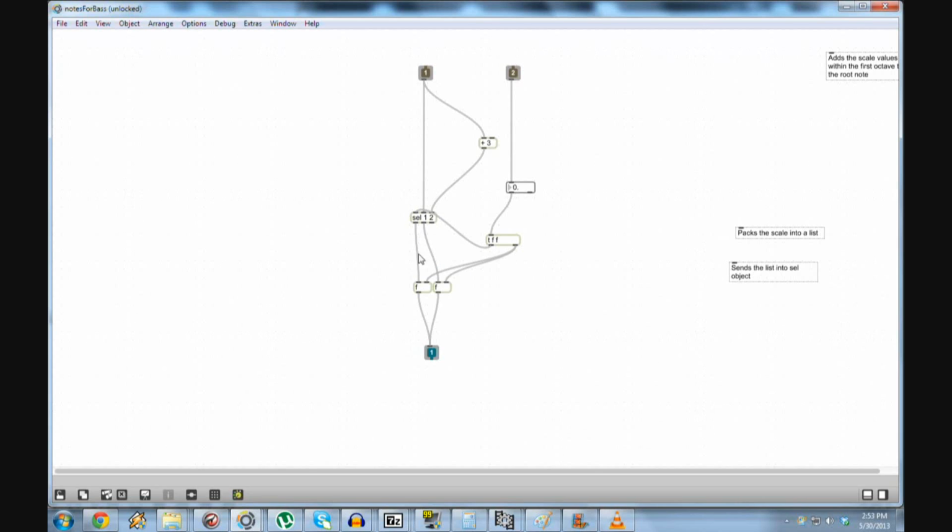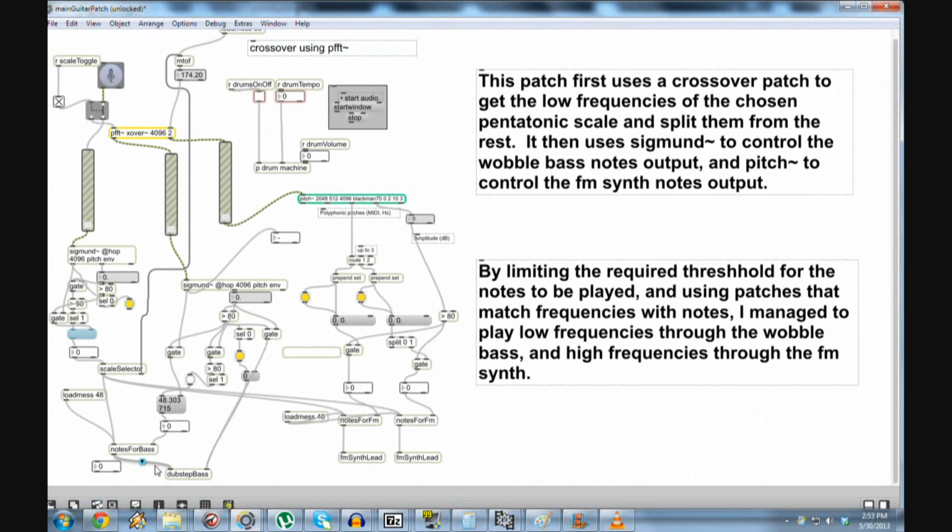Notes are stored. If it's a matching note in the scale, then a bang is sent through, and the note gets passed through from the placeholder to the patch for wobble bass.